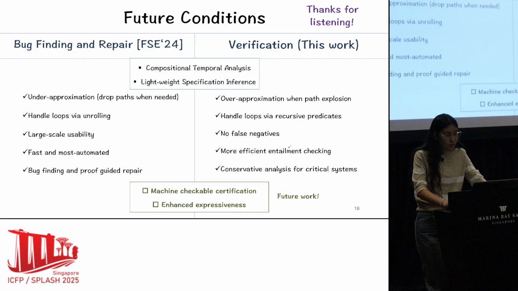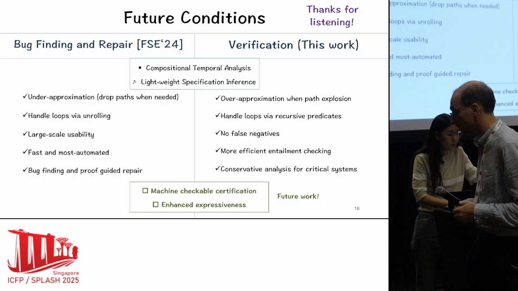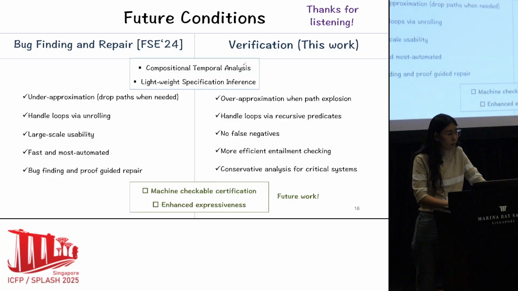Right. So to summarize, to draw a comparison of what we have done in this work and the previous work, both of them are targeting compositional reasoning for temporal properties, and both of them employ lightweight specification inference.